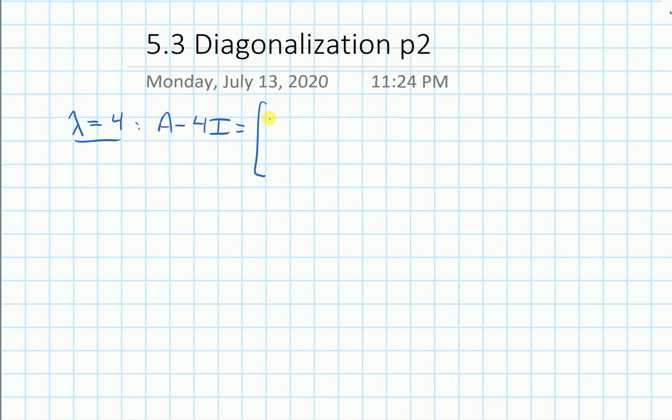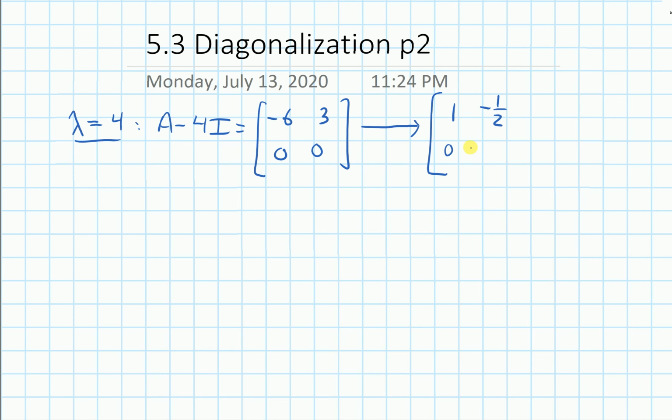The equation from the first row is x1 minus 1/2 x2 equals 0. Isolating the pivot variable, I get x1 equals 1/2 x2. Now I can write my answer as a vector, x equals x1, x2, where x1 is 1/2 x2. x2 is free, so we leave that as it is.